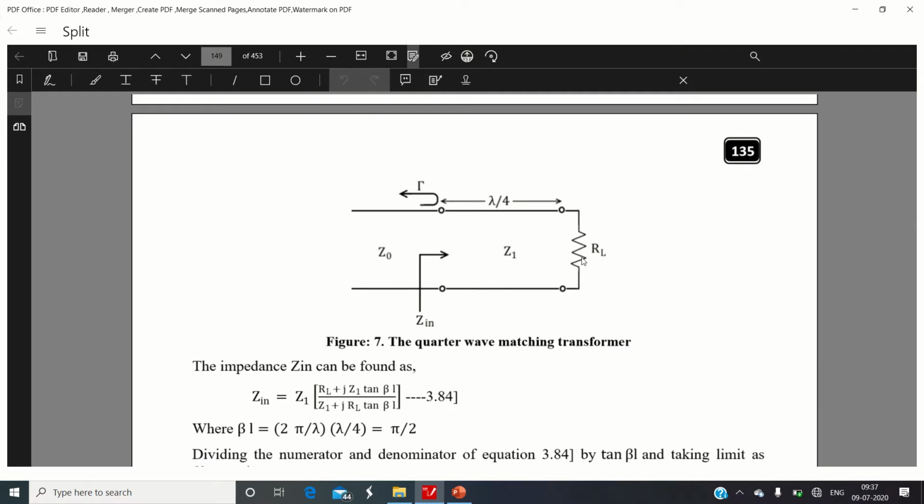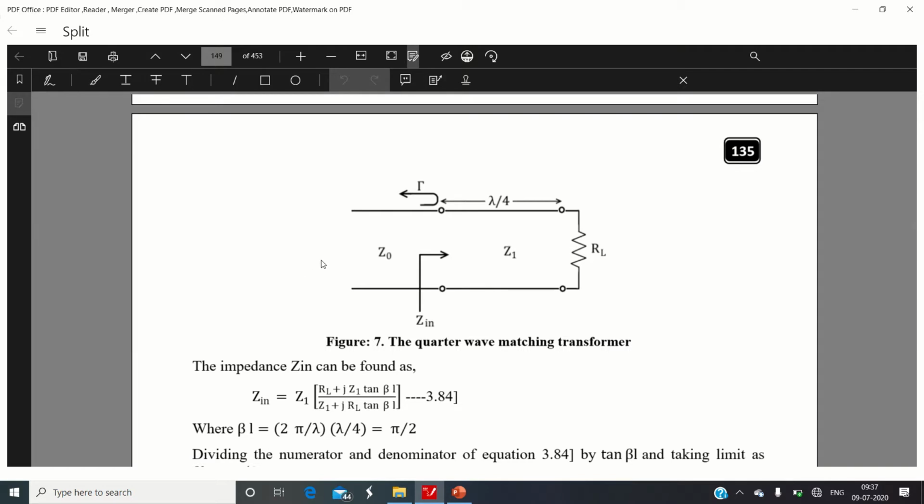Now this resistor we want to match to a transmission line. The characteristic impedance of this transmission line is Z0, and on the left hand side of the transmission line there will be a generator.